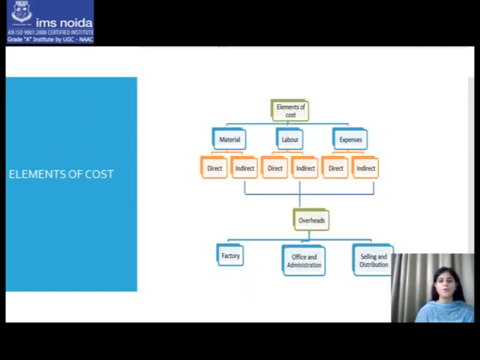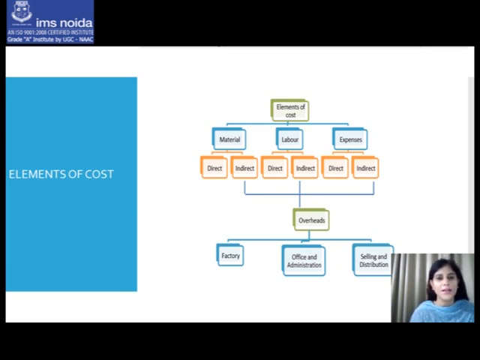When we talk about the elements of cost, you can see the flow chart that has been made. There are basically three elements of cost: material, labor, and expenses, which we call overheads. Material can be classified into direct material and indirect material cost.